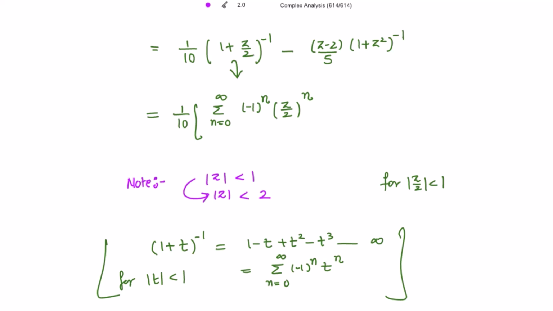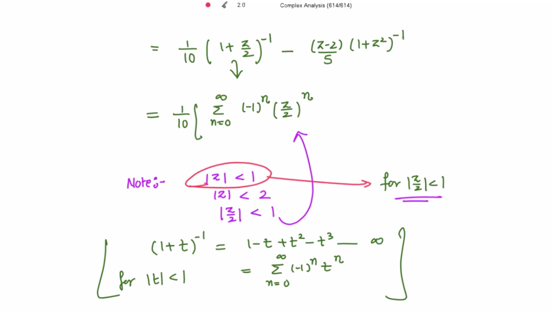From here we can say that mod z is also strictly less than 2, which means mod of z by 2 is strictly less than 1, which is the condition for this expansion. So we can have this expansion for mod z strictly less than 1.